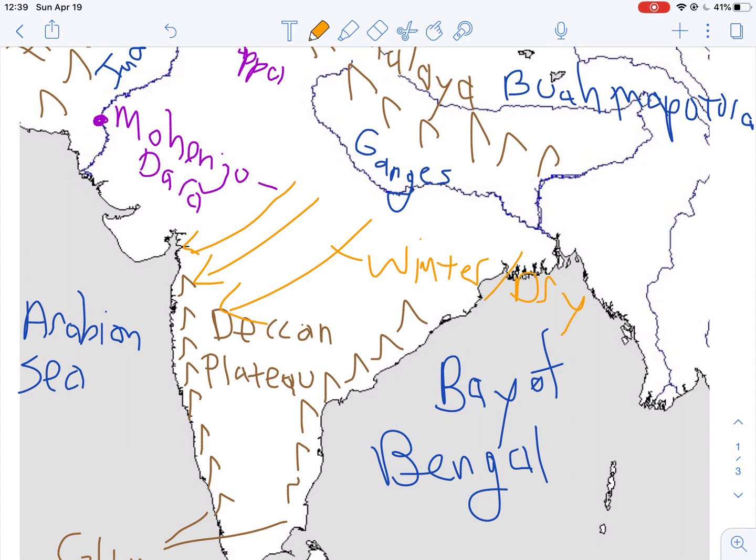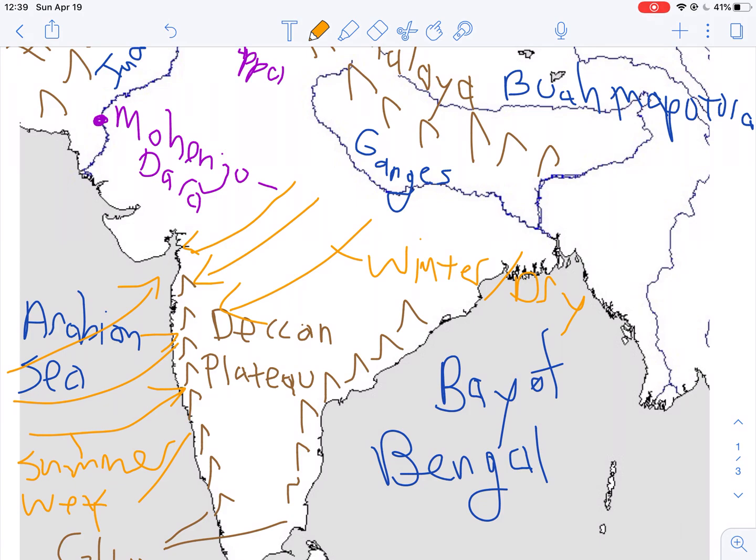Winter/dry. The other set of winds are the summer ones, and you can guess the opposite of it. They're the wet ones. They're coming off of the Arabian Sea, and they're bringing a lot of moisture with them. So those are the summer or the wet winds.